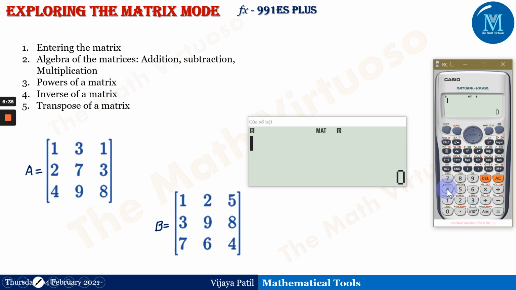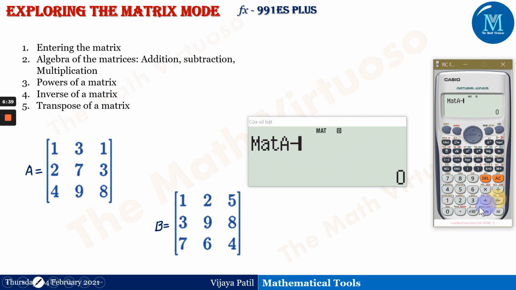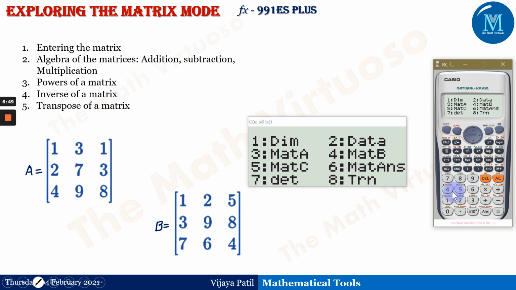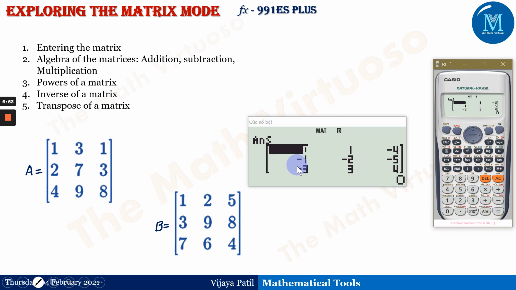Shift 4, I need Mat A, 3, minus, Shift 4, I need to go for 4 because it's Mat B, equals to. Now it is giving me the subtraction of these two matrices.